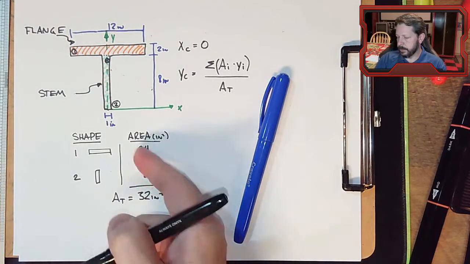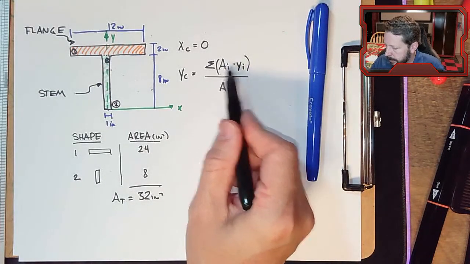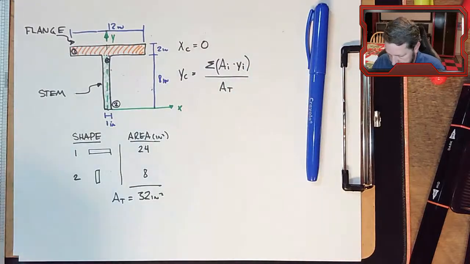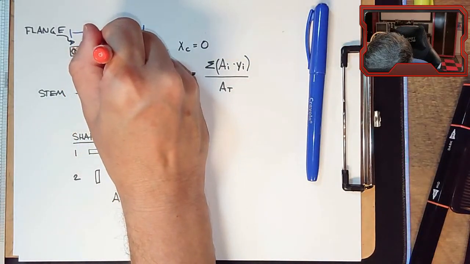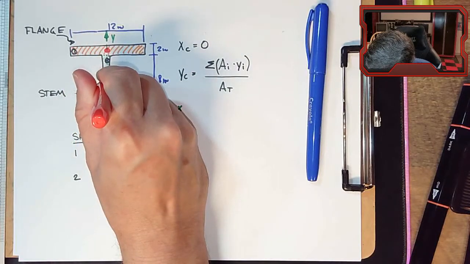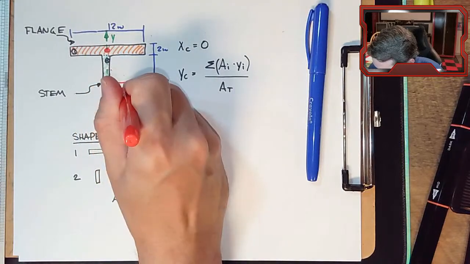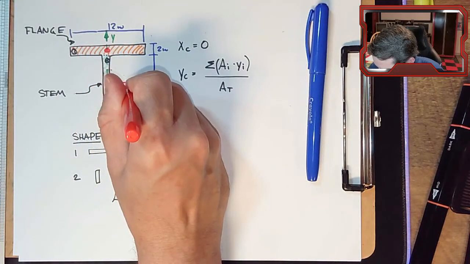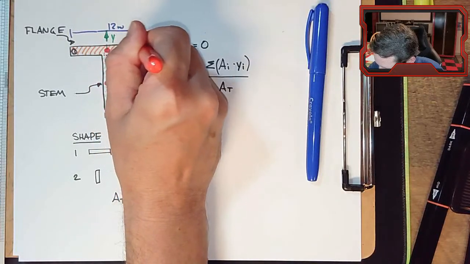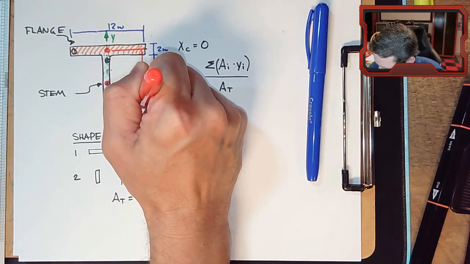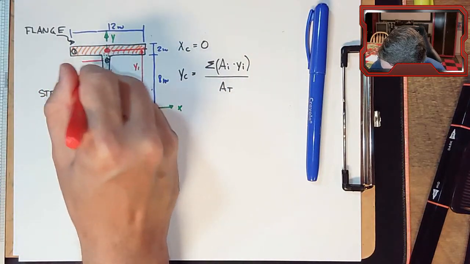Right? So I just sum up the columns. The other thing, I have an area, I need the individual Y components. So what I normally do is I go in and I pick out the centroid for each part. So this distance would be Y, this is part 2, so Y2. This distance would be Y1. This is what I'm after.